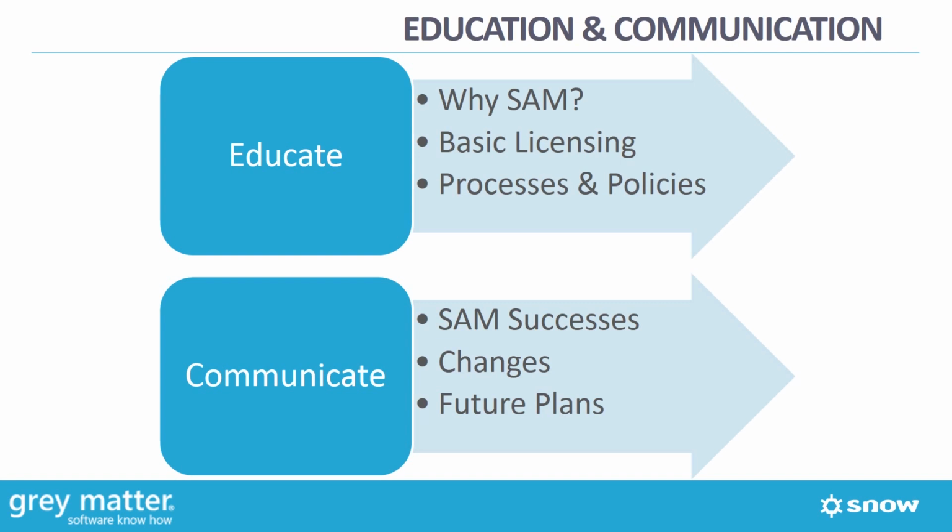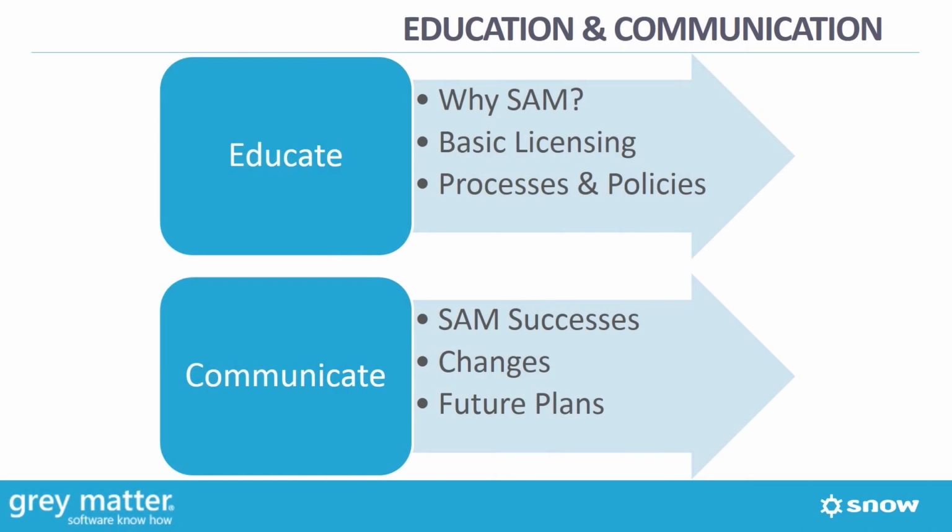It's also important to communicate about your SAM successes. We don't hear enough about the awesome success factors that software asset management brings organizations. Do monthly, weekly, bi-weekly newsletters, saying this is what we've achieved in the past few weeks or months. Here are the changes we're going to be making in the future to improve your lives, to reduce spend, to reclaim licenses, to really optimize our position.